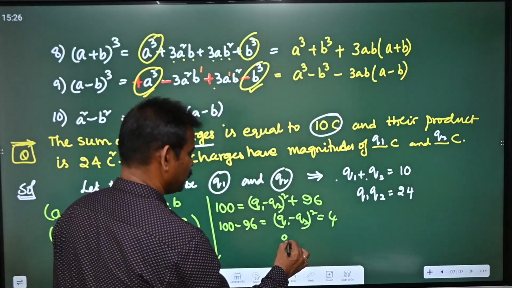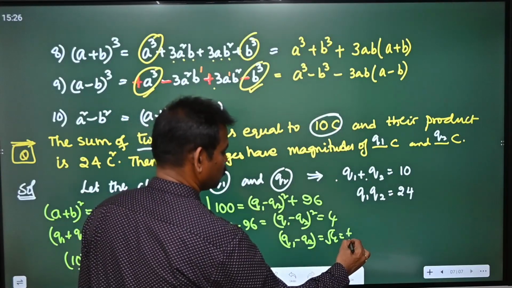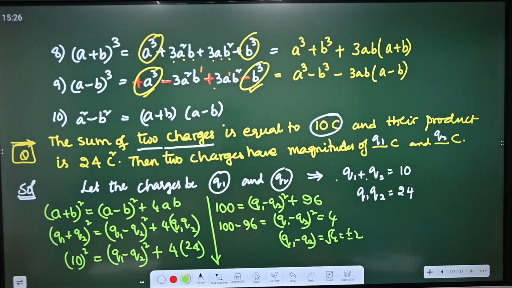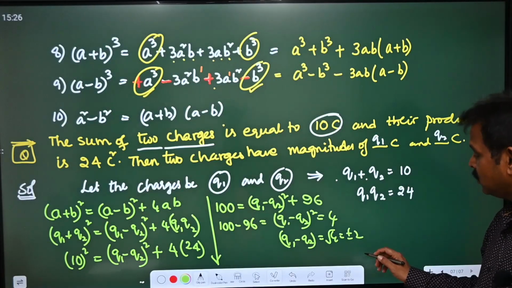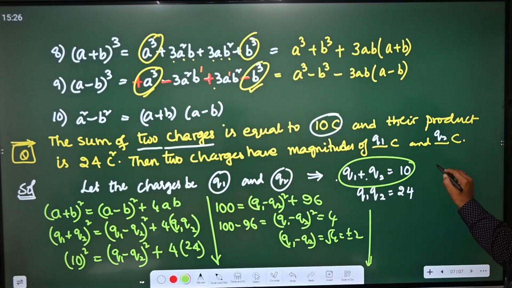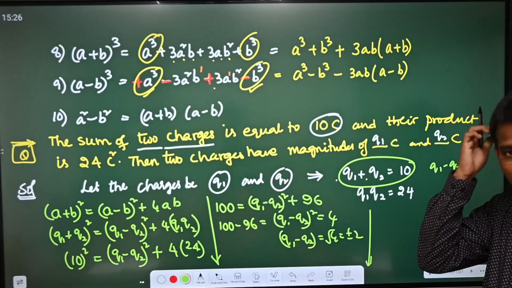So from this we can write Q1 minus Q2 is equal to root 4, which is equal to plus or minus 2. Now after getting these values, Q1 plus Q2 is 10 and Q1 minus Q2 is equal to 2.